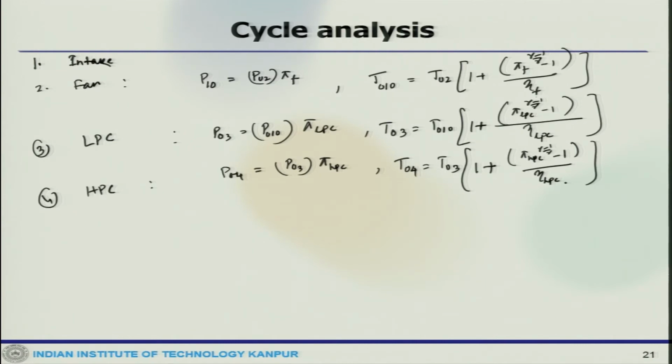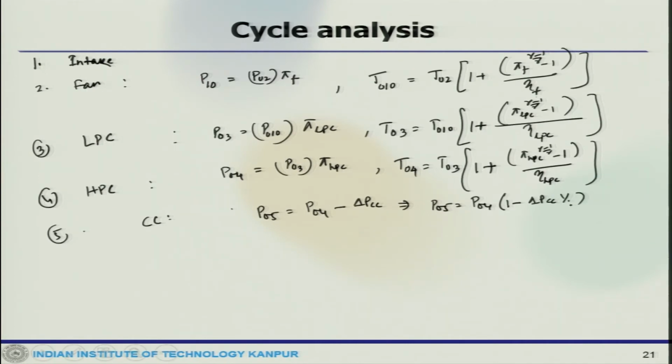Then we go to the combustion chamber, where similarly we find P naught 5 would be P naught 4 minus delta P combustion chamber. That means P naught 5 is P naught 4 into 1 minus delta P Cc.